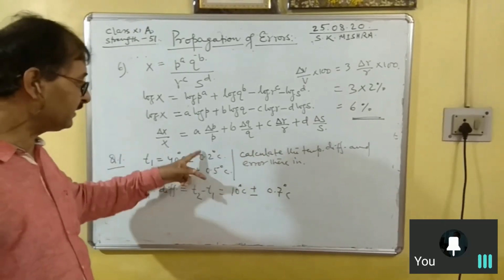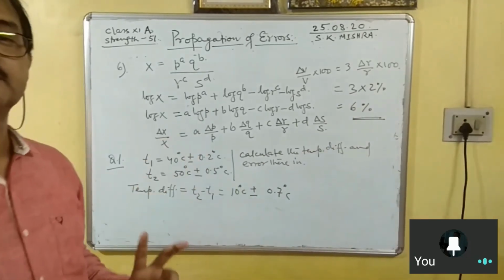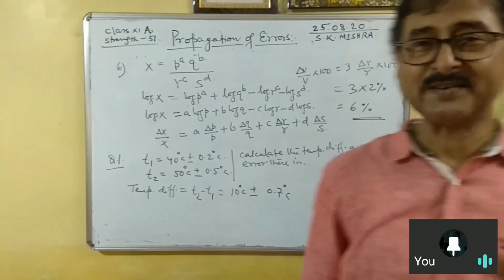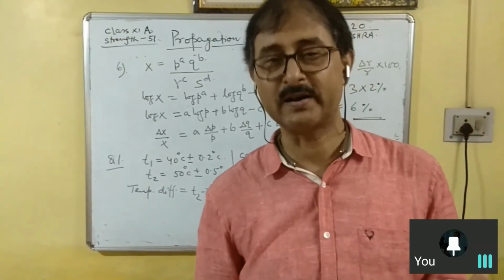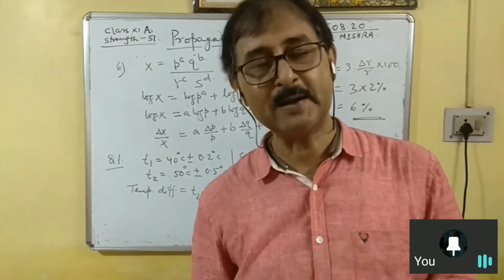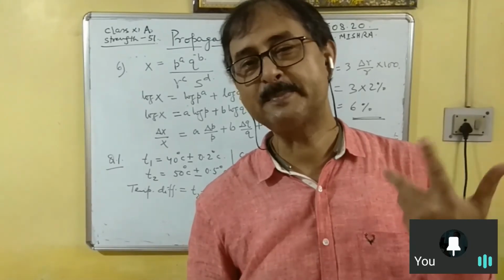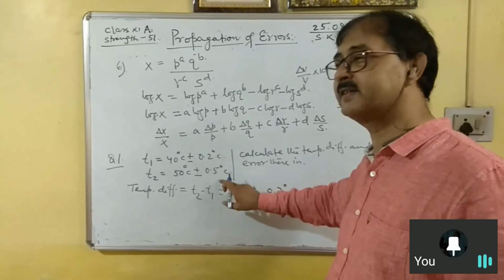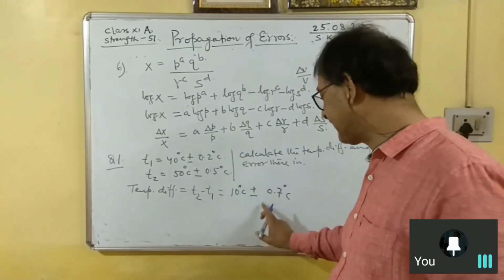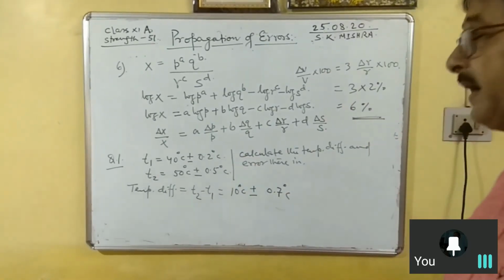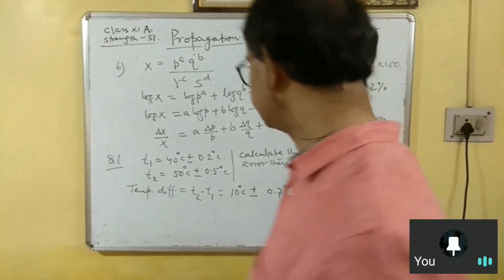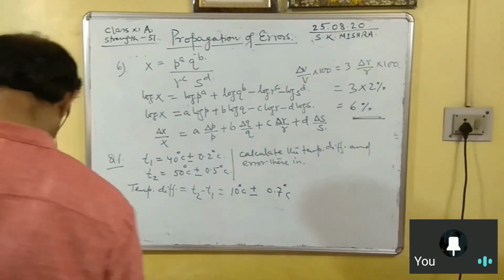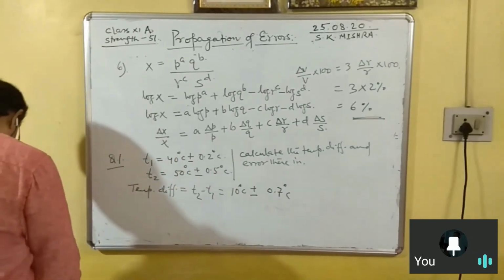And then don't subtract the error part, because the error will never be subtracted. So whether you are subtracting two quantities or adding two quantities or dividing or multiplying, error will always be added. So we are adding the error part. We are not subtracting the error part. And the final error will be 0.7 degree Celsius. So the answer will be 10 degrees Celsius plus minus 0.7 degree Celsius.